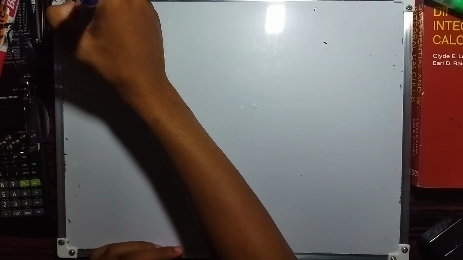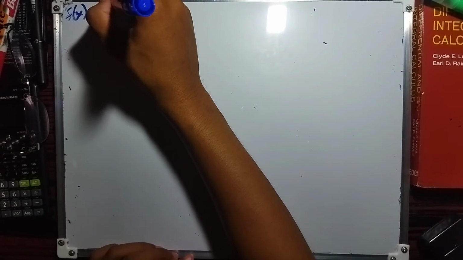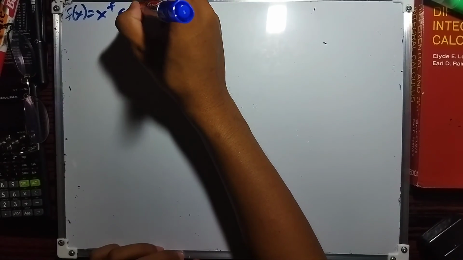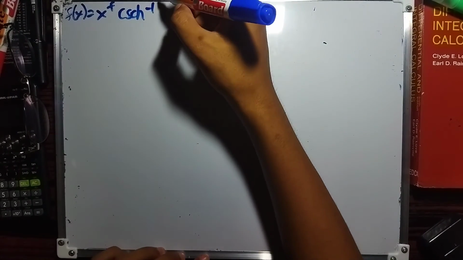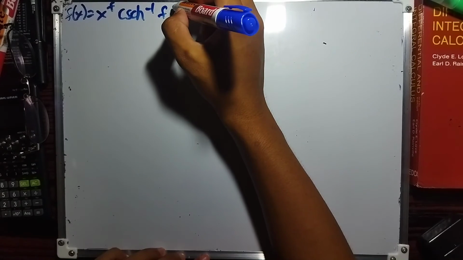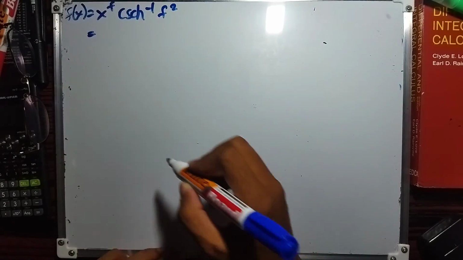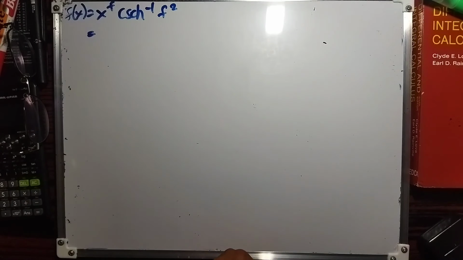Now we have here the example of the inverse hyperbolic function. If a while ago we discussed the derivative of hyperbolic function, now I will be giving you an example about the derivative of inverse hyperbolic function. So f(x) is equal to x to the power of t times csch negative 1 of t squared. You'll be using the third basic rule of the derivative again, which is the product rule.